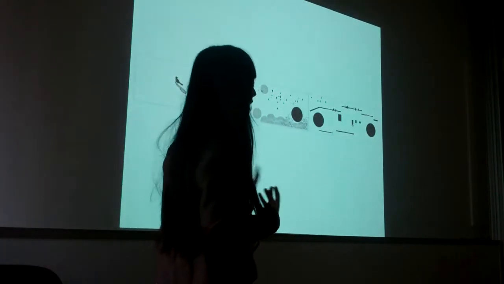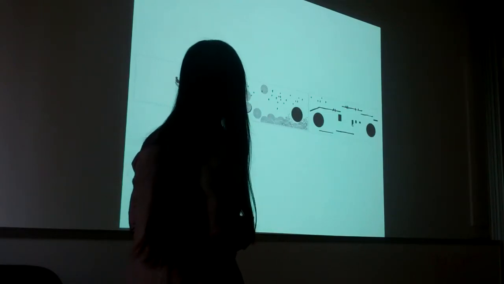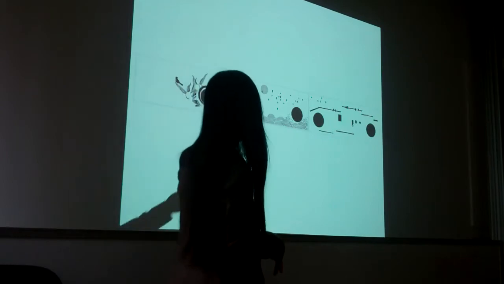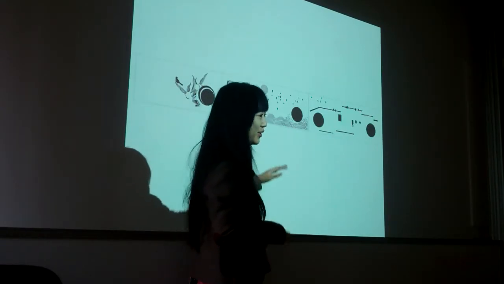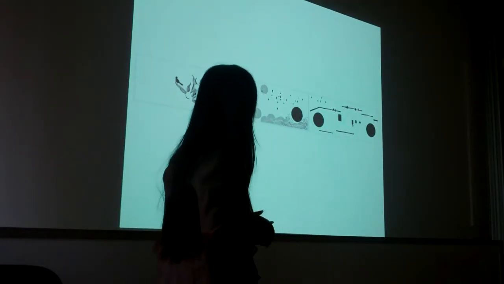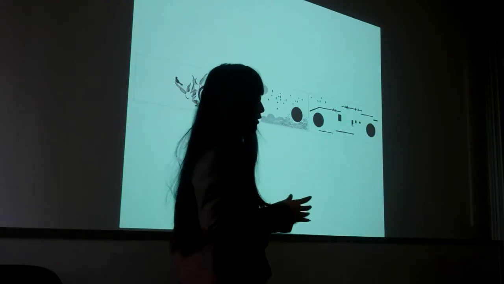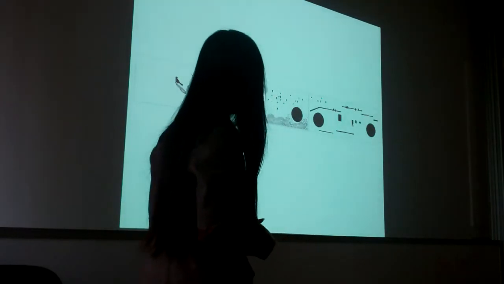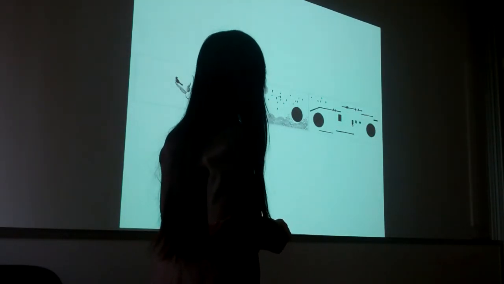It tells the story of a bird living in a natural place, and because the trees were cut down, it had to move to where human beings live, like the city or the countryside. So this is all.